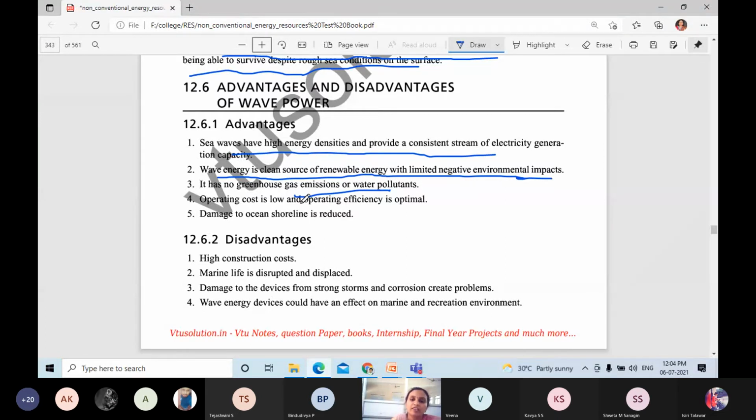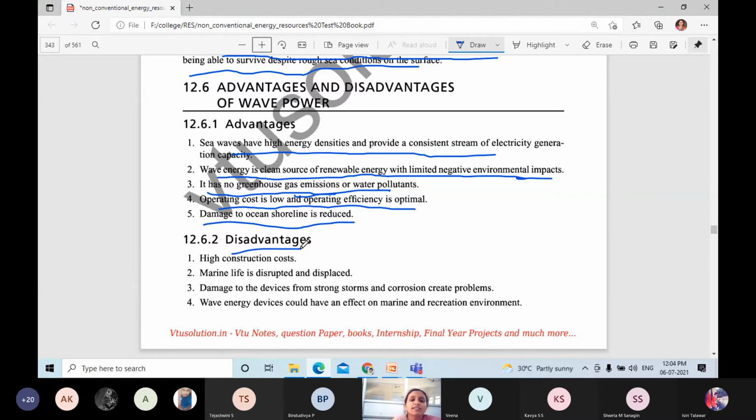Whatever output we get is clean and a renewable energy resource, so we have limited negative environmental impacts. Operating cost is low and operating efficiency is optimal. Damage to the ocean shoreline is reduced.